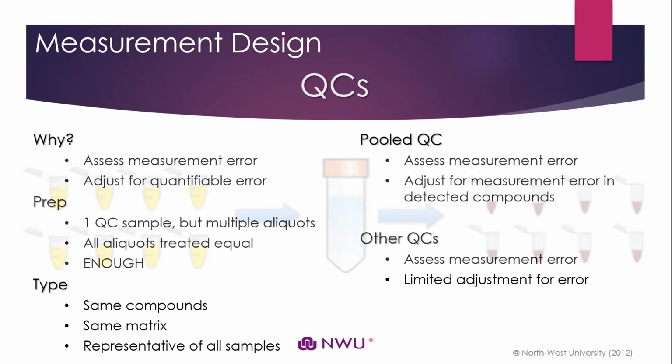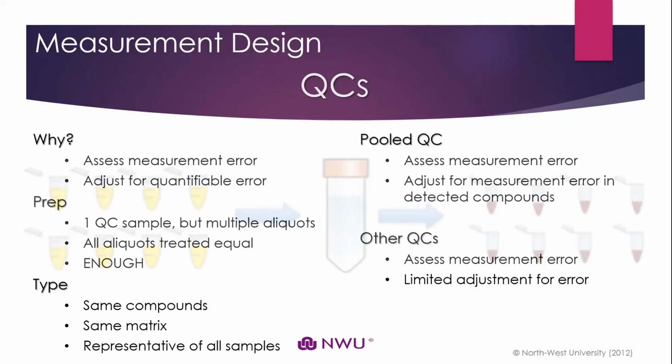Your QC should be representative of the compounds and the biological matrix. A pooled QC is usually preferred, because then everything that's in your study is in your QC. Sometimes that's not possible, but then you have to make sure that at least you've got an idea that all the compounds that should be in there will be in there. Remember, if a compound is not detected in your QC, you can't assess whether it's of acceptable quality, and you also can't do any corrections if it's not in your QC.